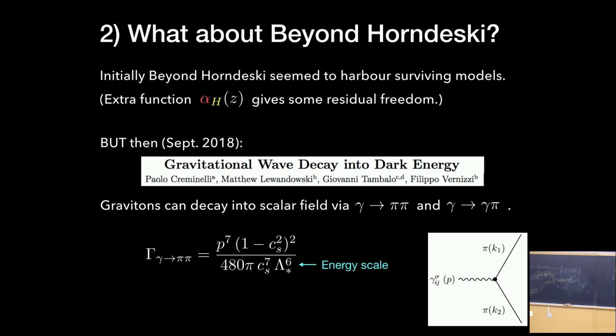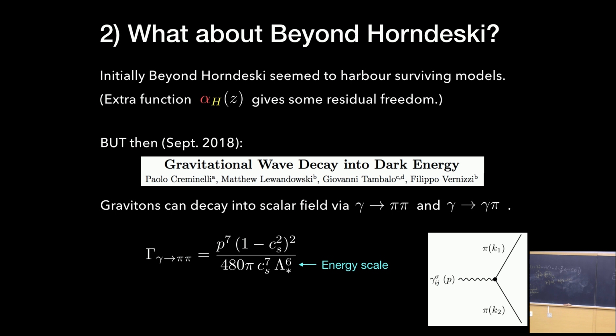What you should notice is that there is this bracket on the top, which is 1 minus c_s squared. c_s squared is the speed of propagation of perturbations in your scalar field. So if c_s squared is 1, i.e. the speed of light, which is possible, then this whole decay rate goes to 0, gravitational waves don't decay, and your model survives and becomes a viable model of alternative gravity, at least for these concerns.